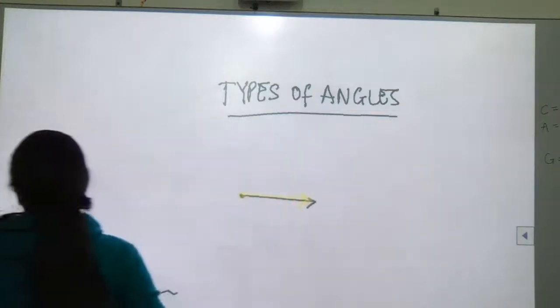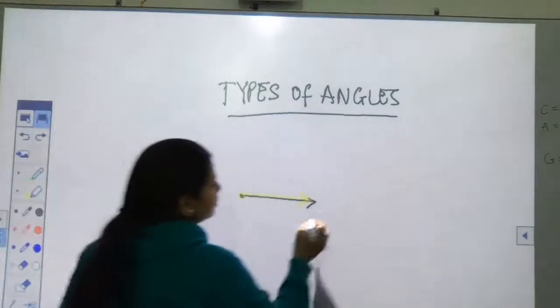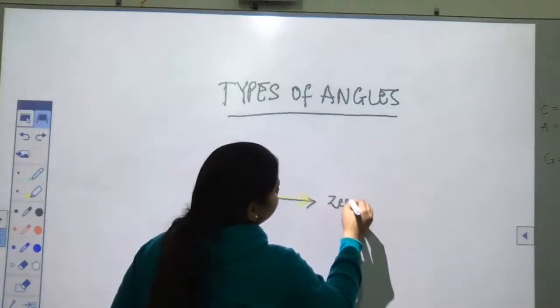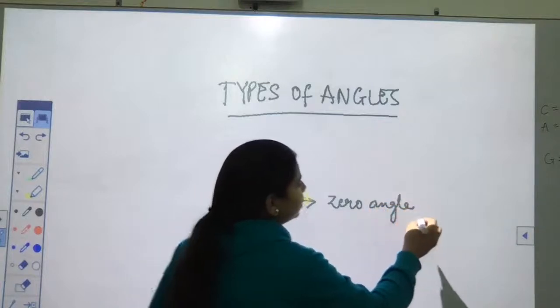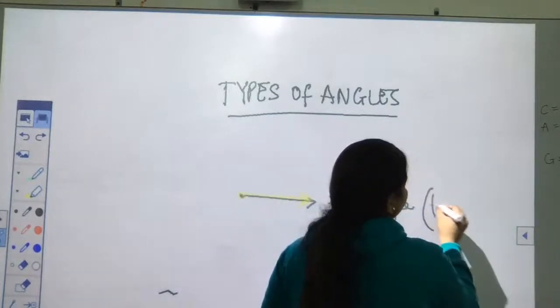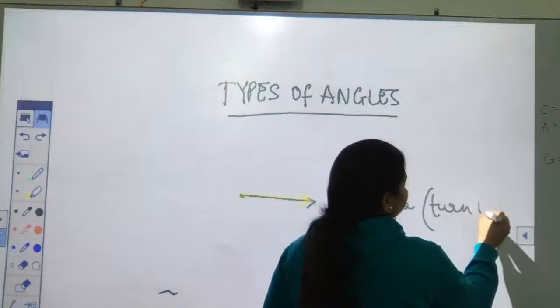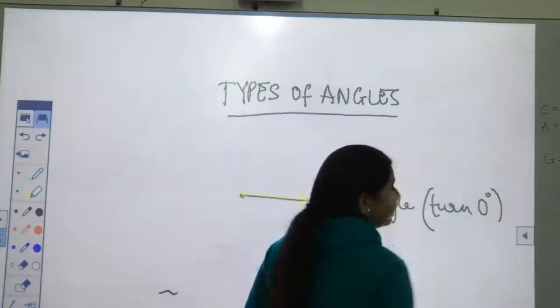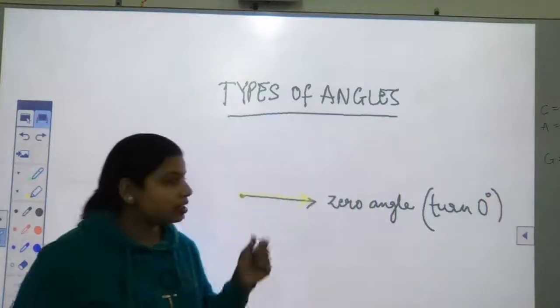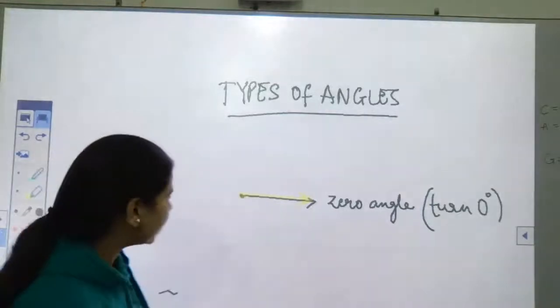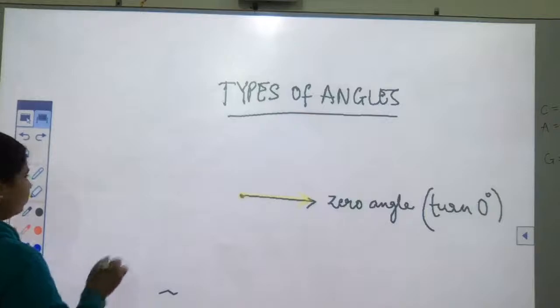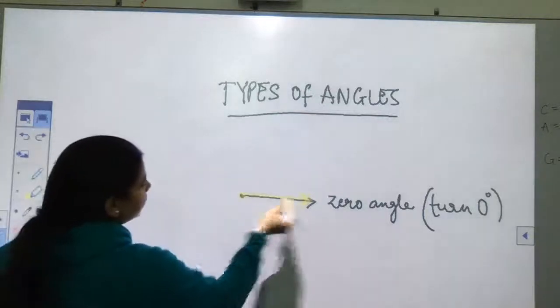As these two are overlapping, this is a zero angle. जीरो एंगल कब फॉर्म होता है? जब टर्न हमारा 0 डिग्री हो. When turn is 0 degrees, बिल्कुल भी आर्म्स के बीच में जरा भी गैप नहीं है, तो वो हमारा जीरो एंगल हो जाएगा.